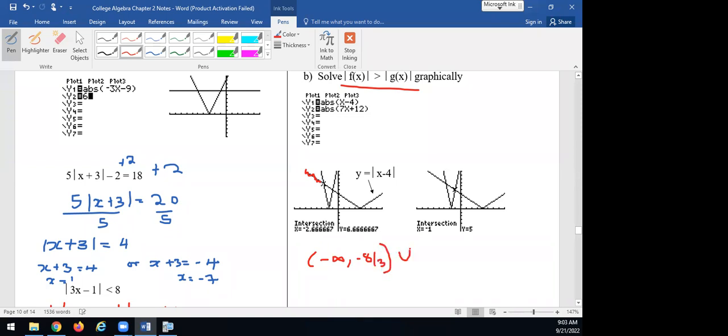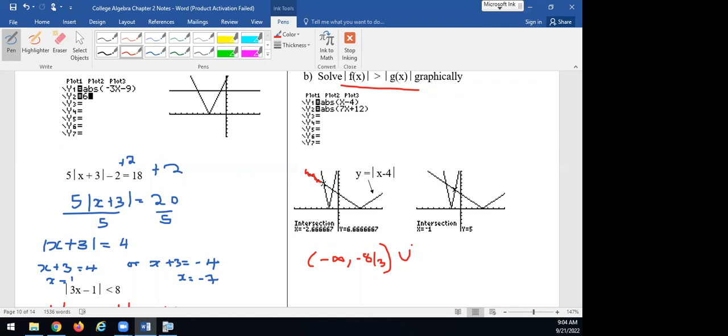And then union. Where is it above it? Can you all tell? Where else? All right, where is it?